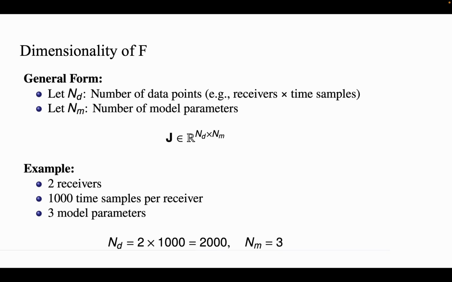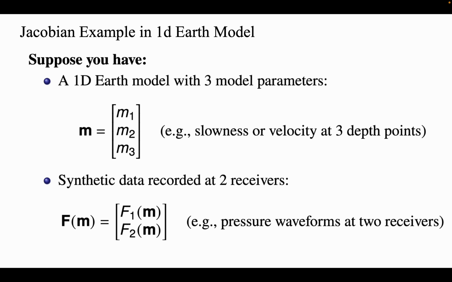So we have 2000 rows and 3 columns. Now what I was trying to explain through the image is, if in a 1D Earth model we have 3 model parameters m1, m2, m3, let's say slowness at 3 depth points, then synthetic data recorded at 2 receivers: fm denotes the whole matrix, f1m denotes one vector, and f2m is the recording at the second receiver, right?